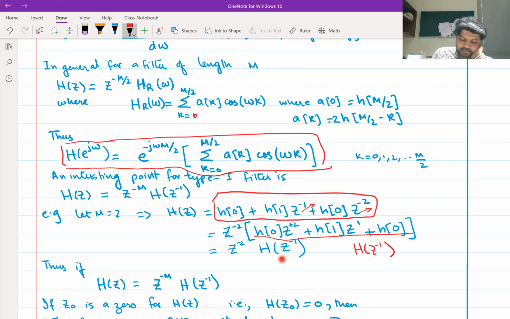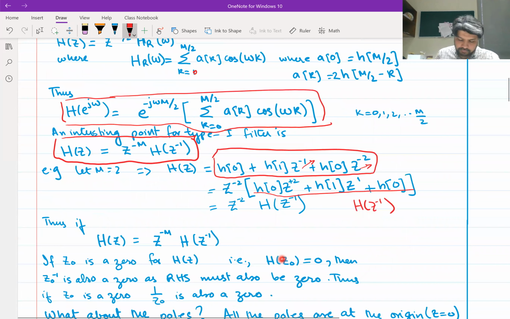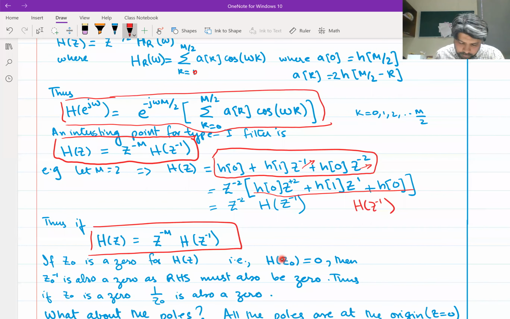Hence, of course it's not a proof, but we can be confident that this is valid for a type 1 filter. So for a type 1 filter we would have this property, and it allows us to draw a very important conclusion.